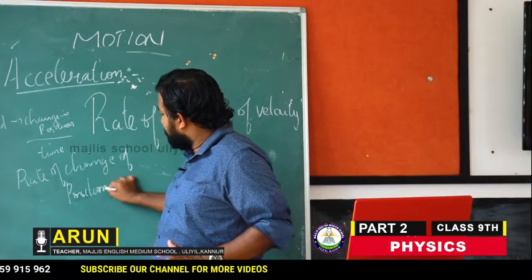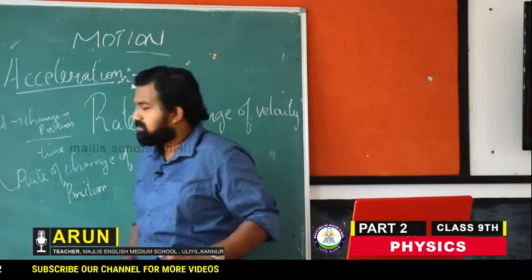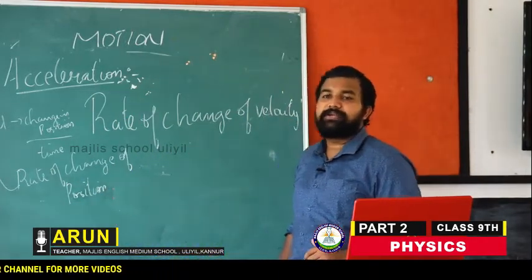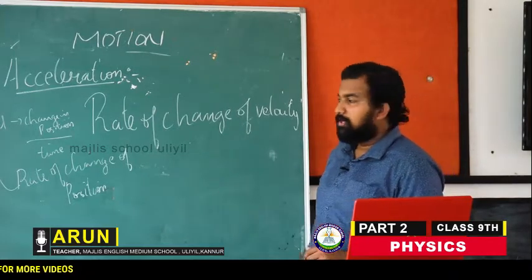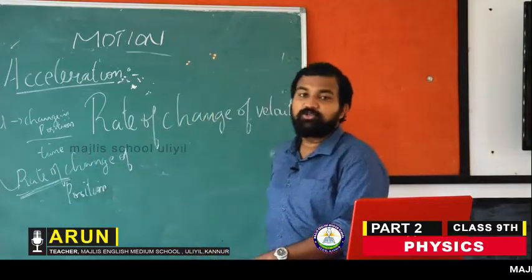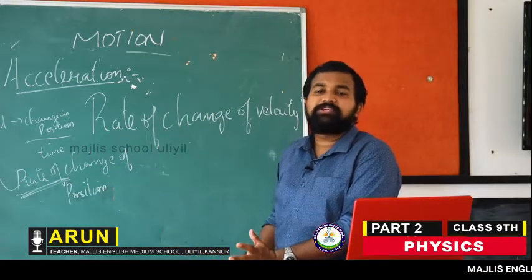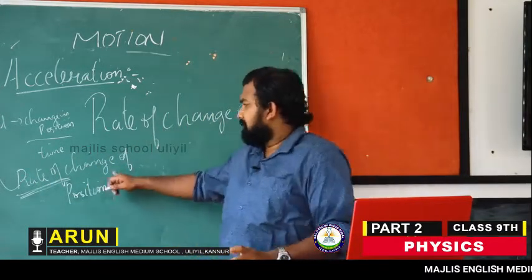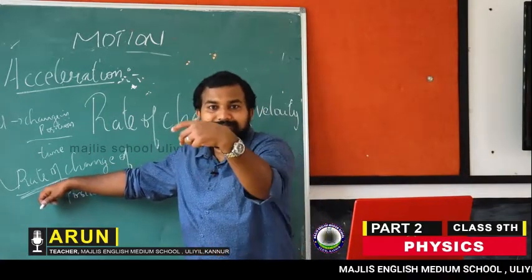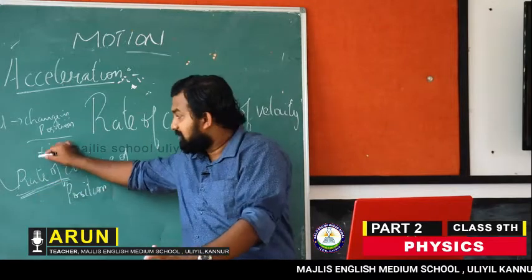Rate of change of position can also be said as speed. So listen, what is this term explaining? Rate, what rate? With respect to time. There is some change in position with respect to time. So that change, the rate of change with respect to time.